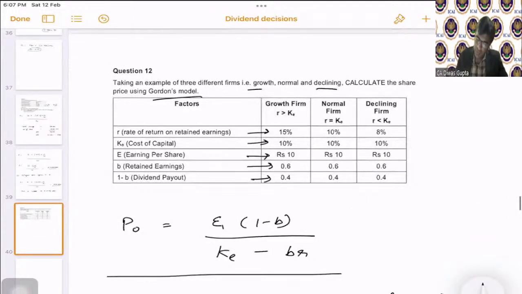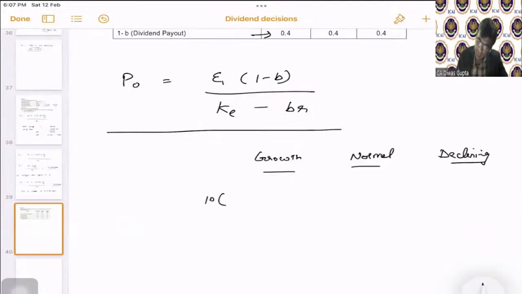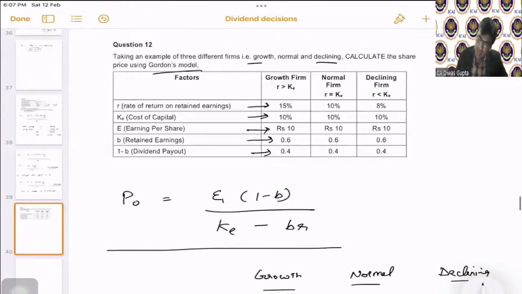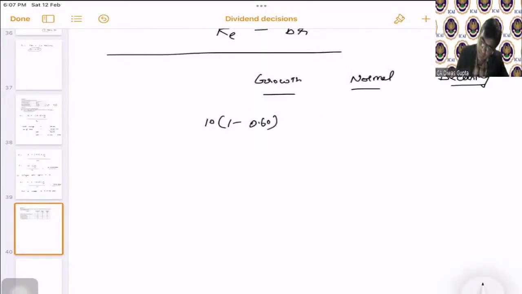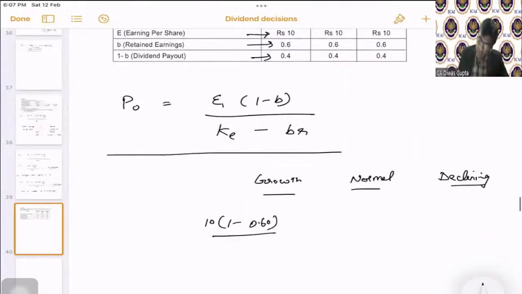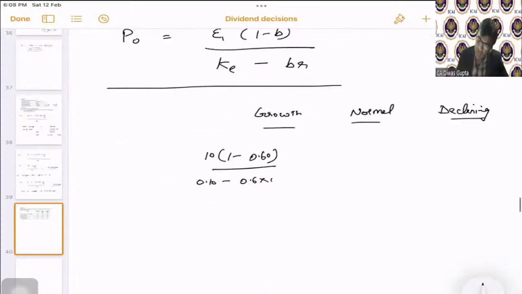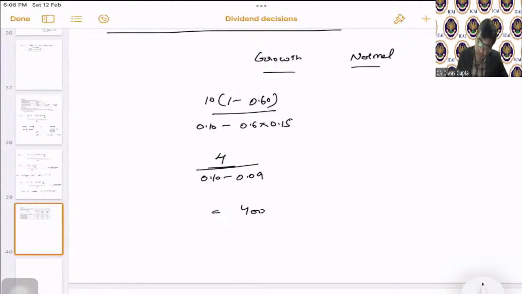For the growth firm, what is the EPS? 10 rupees. 1 minus retained earnings, which is 0.6, whole divided by what is the KE? 0.10 minus B into R. B is 0.6, R is 0.15. Very easy. So this will be 4 divided by 0.10 minus 0.09, which finally equals 400 rupees.